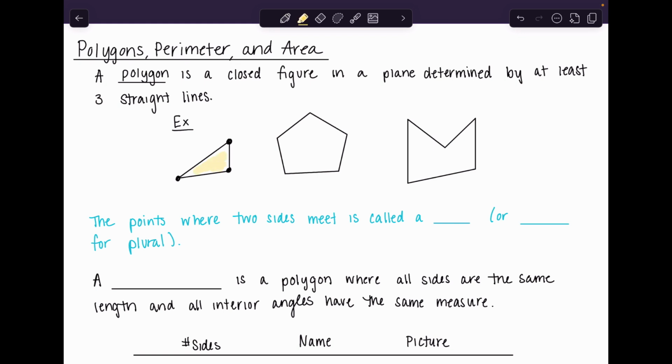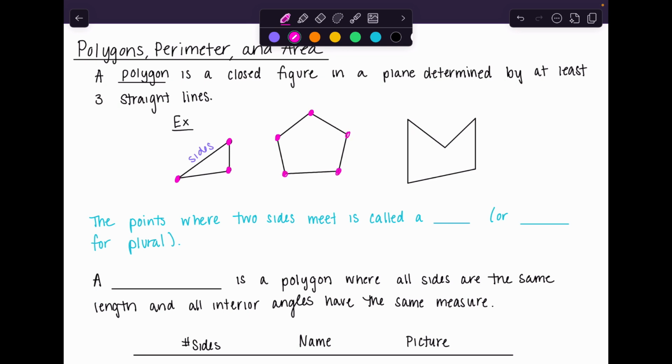They form a closed region, so there's something inside here. So you have what's called an area. You can see how much space this takes up. Now within these polygons though, all of these are called the sides, but the corners where they meet are called the vertices. So all of these are vertices, which is the plural form.